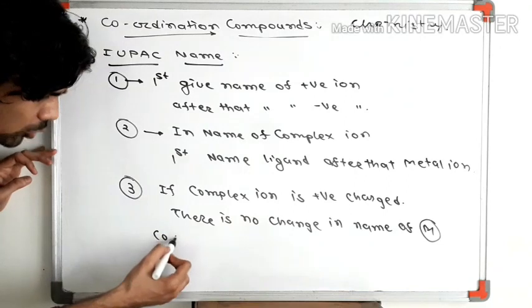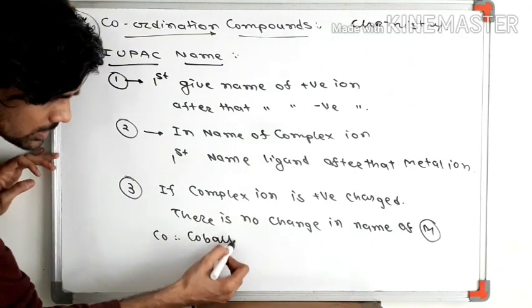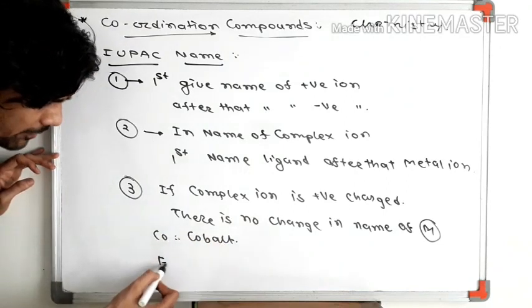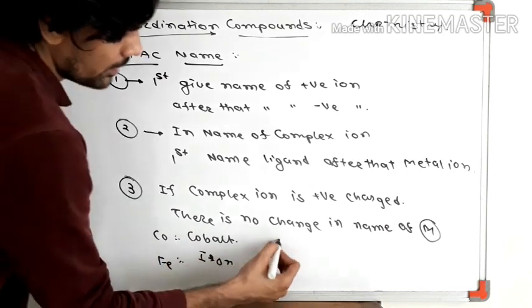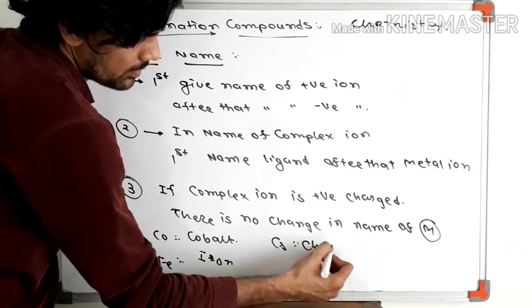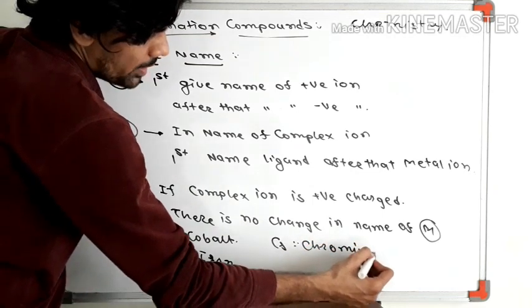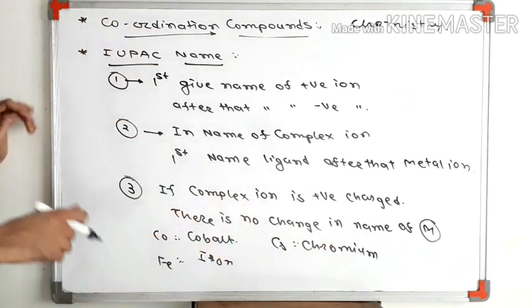Like if there is cobalt, you have to write just cobalt. If there is Fe, you have to write iron. If there is Cr, you write chromium. Okay, manganese, like that.